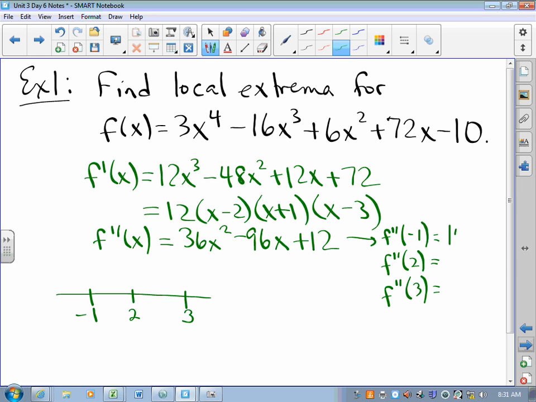And I get 144, -36, and 48. So what does that tell me? At x equals -1 and x equals 3, I have places where the tangent line is flat and the second derivative is positive. So we're concave up at those places. This is a min. This is a min. At x equals 2, I have a flat tangent and I'm concave down. So if I'm concave down with a flat tangent, that's a max.